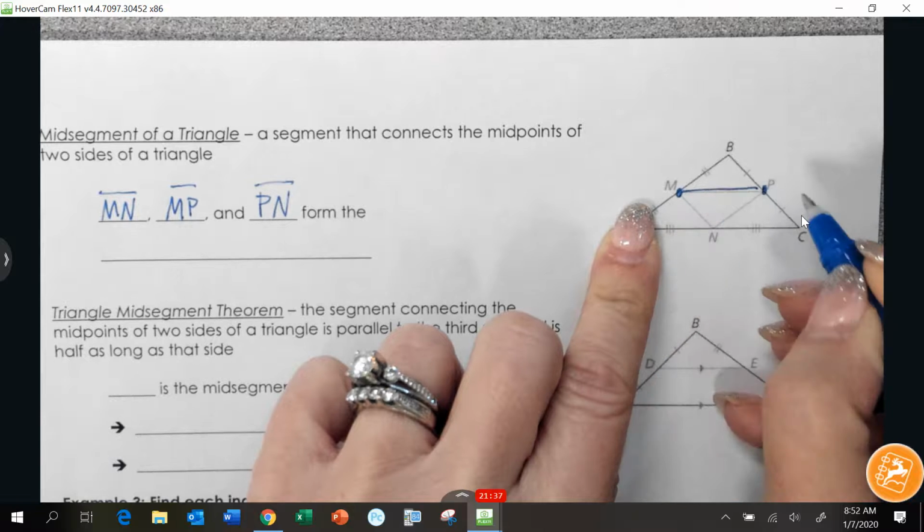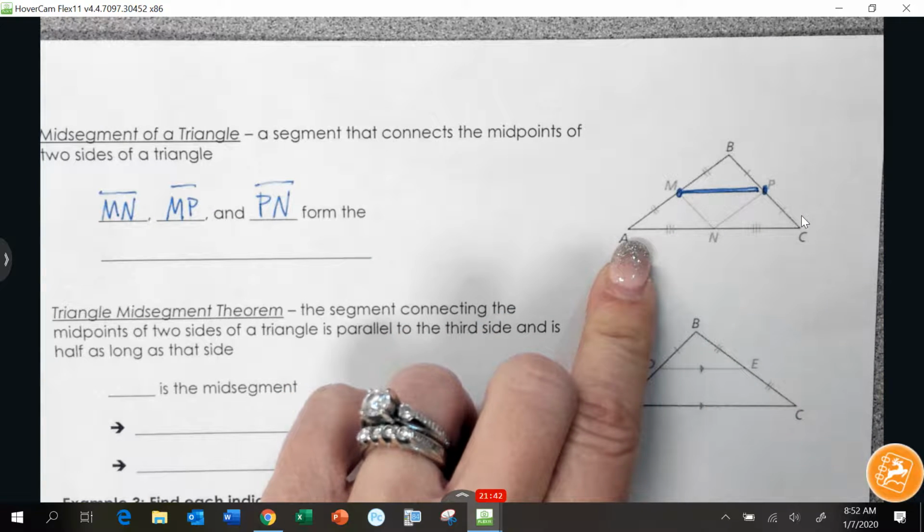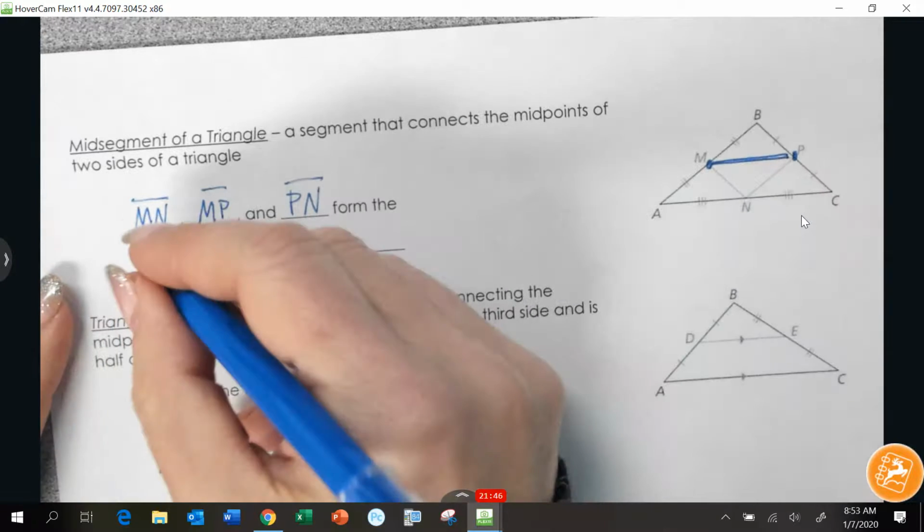See how M to P connects midpoints of the two opposite sides. And if we connect all three of them, they make a triangle. They form a mid-segment triangle.